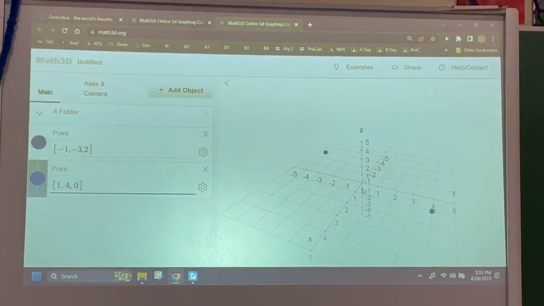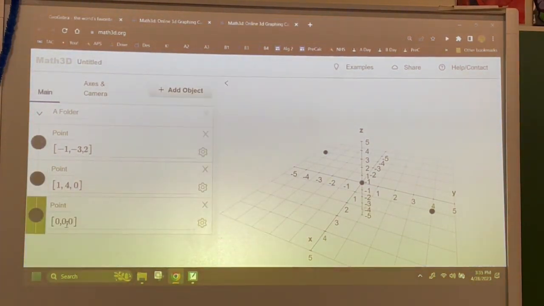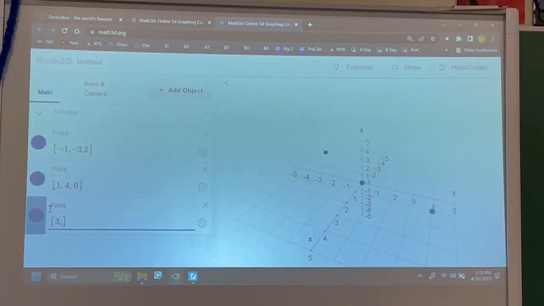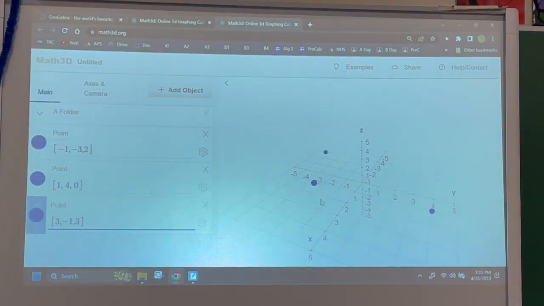There we are. We went forward 1. We went 1, 2, 3, 4 units over. Add another point. Three, -1, 3. So went forward to 3, over 1, and then moved up 3 units.